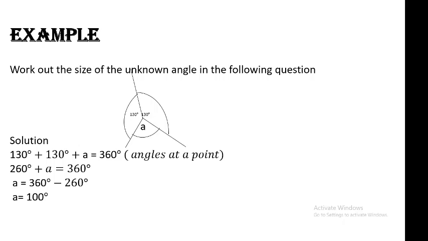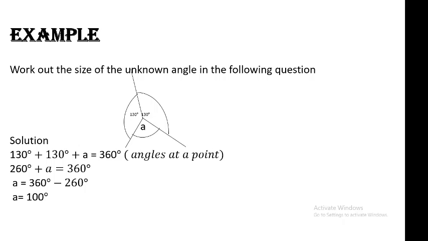So for us to find the value of A, or the size of the unknown angle represented by A, we are going to add 130 and 130 degrees, and the answer should be subtracted from 360 degrees.